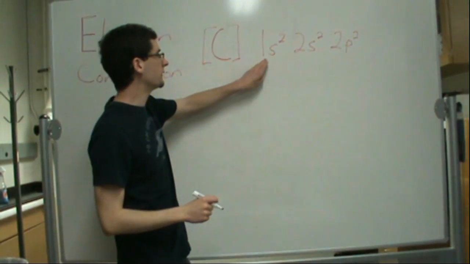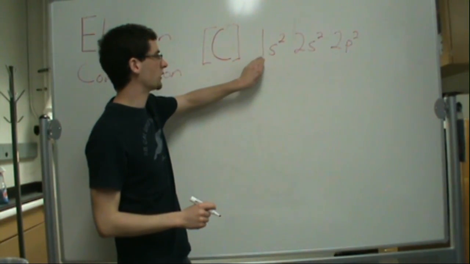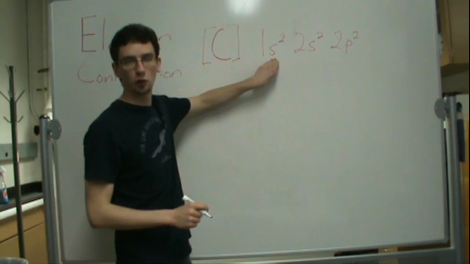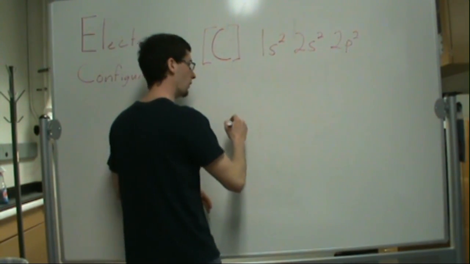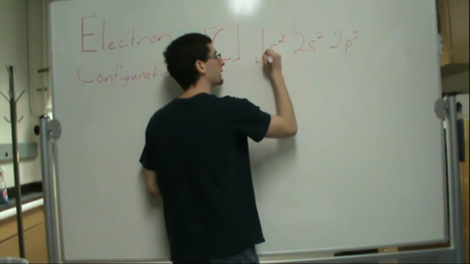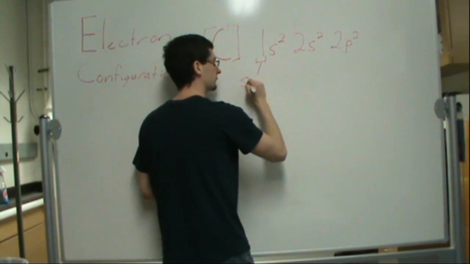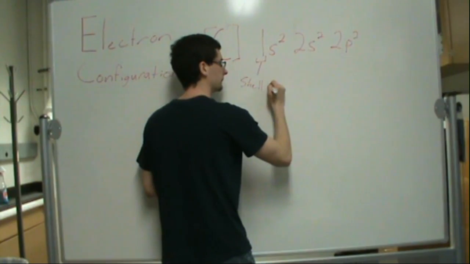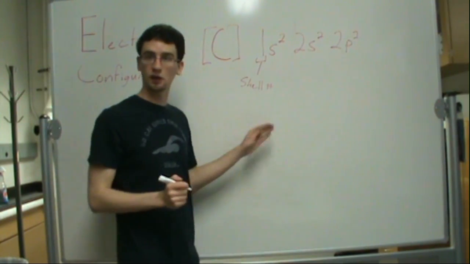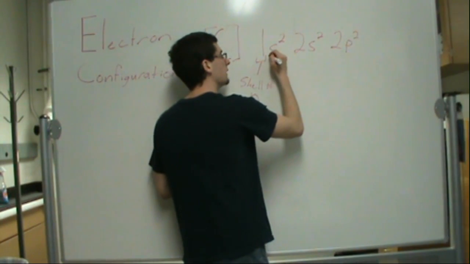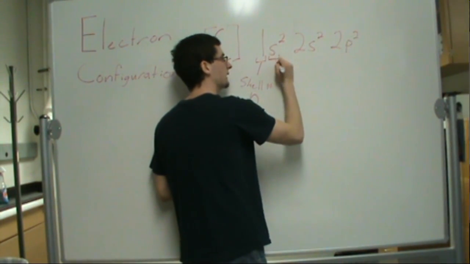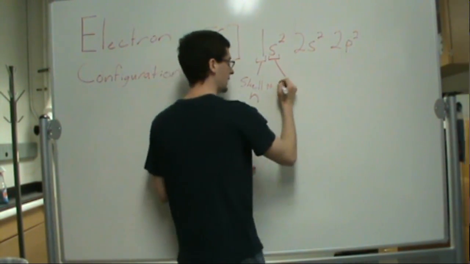Now, what we have here is our shell number, what type of orbital we're looking at, and the occupancy of the orbital. So this right here is our shell number. This is related to the quantum number n if you look at a previous tutorial. This s is the type of orbital we're looking at.